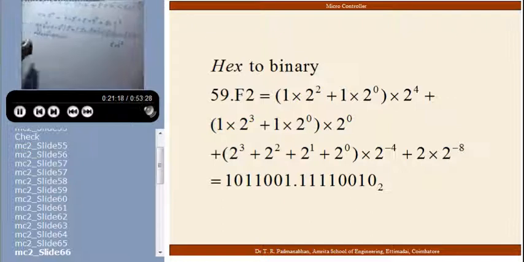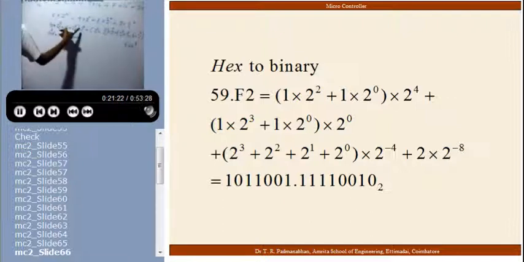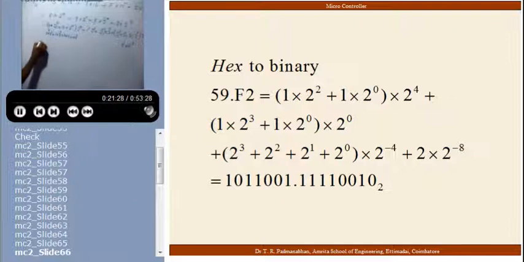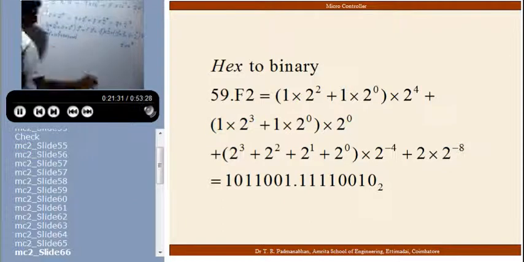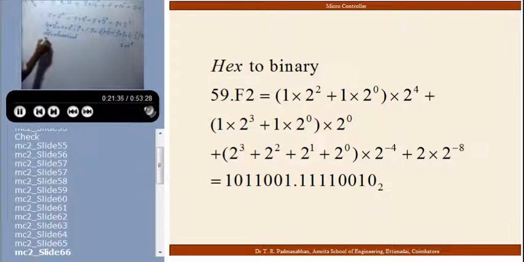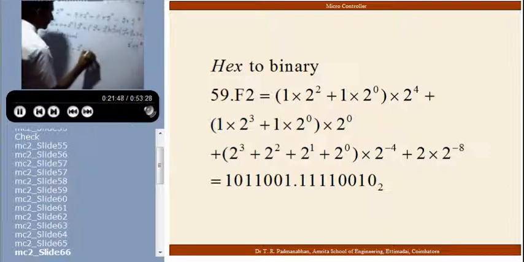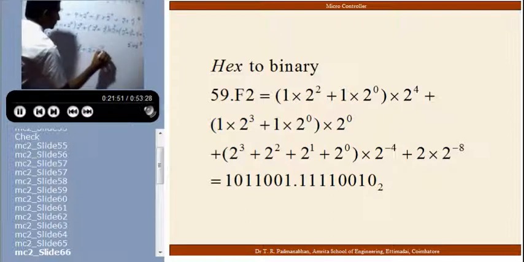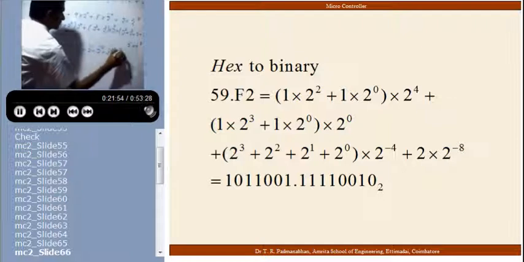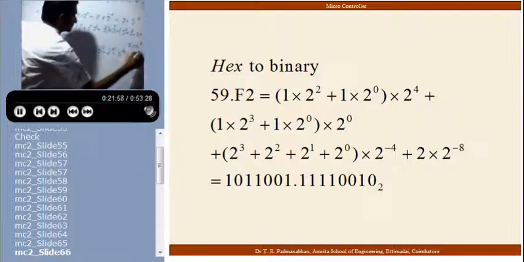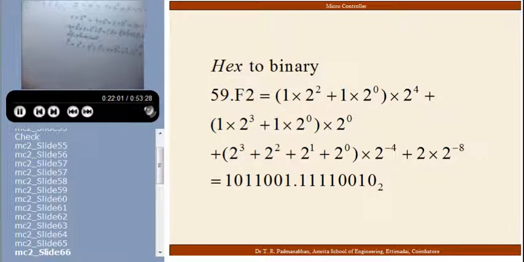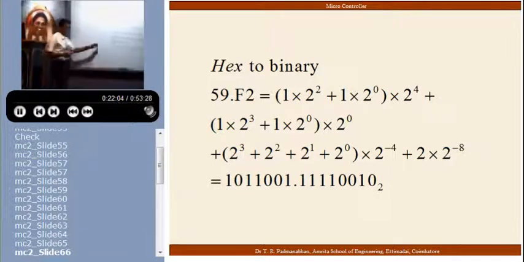Now the converted value will be, see here, this gives me 2 raised to... on the board very fast.